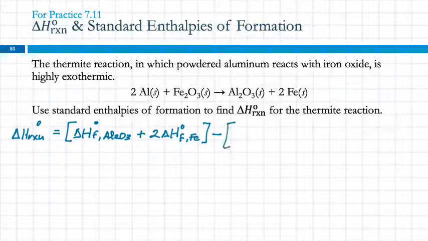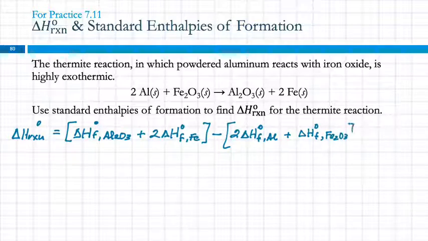And then we're going to subtract the heats of formation for the reactants, 2 times the heat of formation for aluminum, also an element in its standard state, plus the heat of formation for Fe2O3. So it's the heats of formation of the products minus the heats of formation for the reactants. If there's a coefficient, you have to multiply by the coefficient, because if we're making 2 moles of something, the energy change is going to be twice as big.